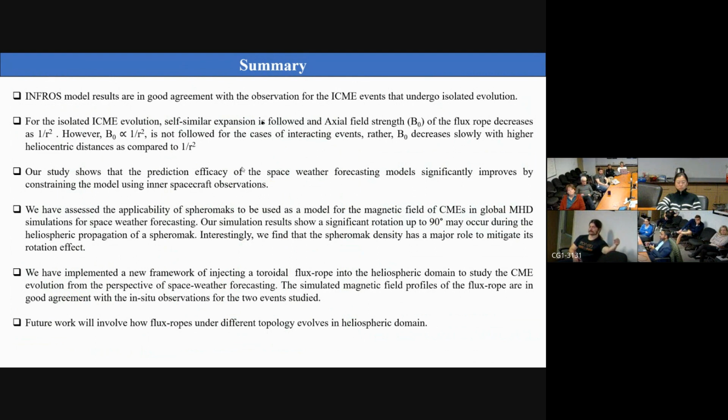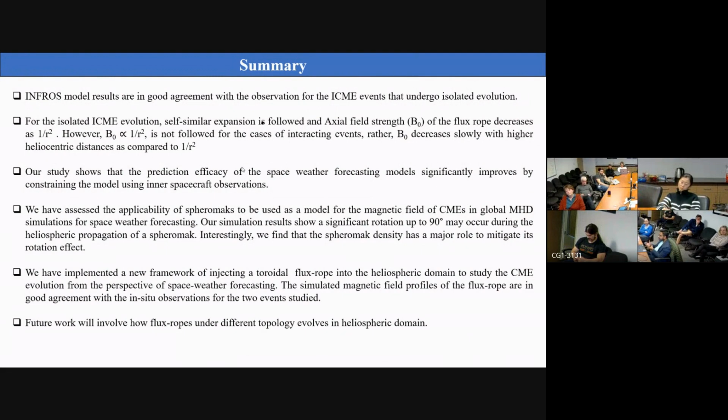There are also pros and cons to using spheromak models. They can have very large rotations, which can give rise to very large uncertainty in the in situ results. To overcome that, since in most CMEs the legs should be attached to the sun, we have implemented a new approach with a new flux model.